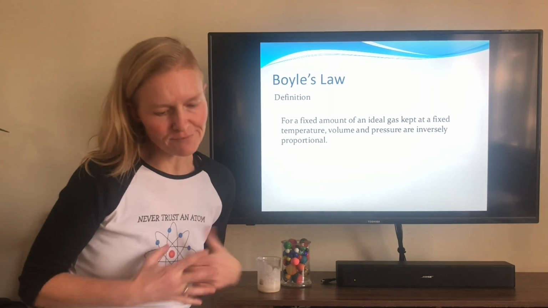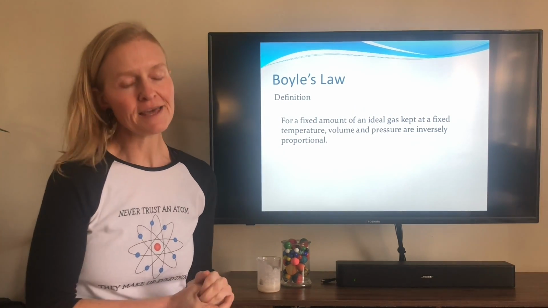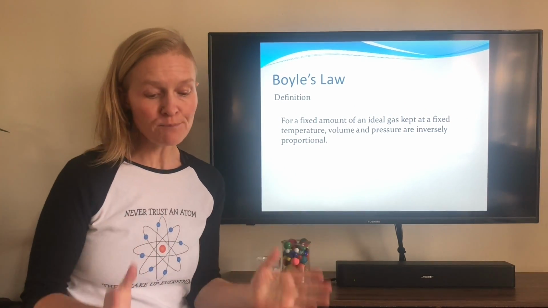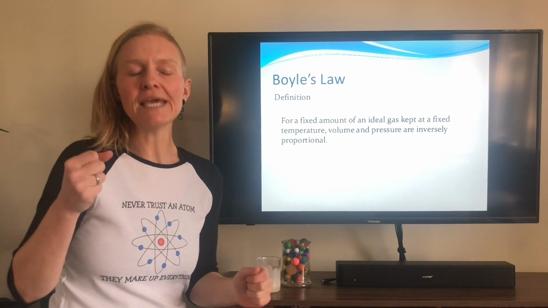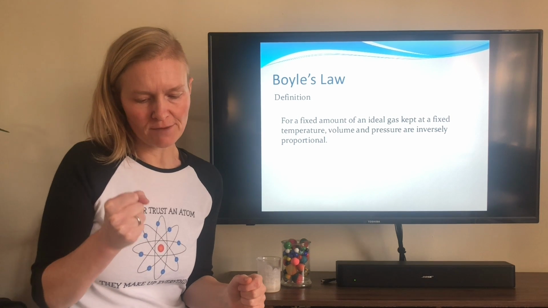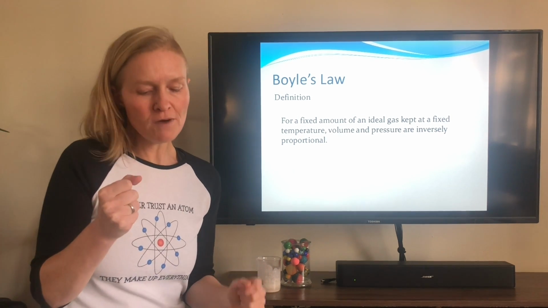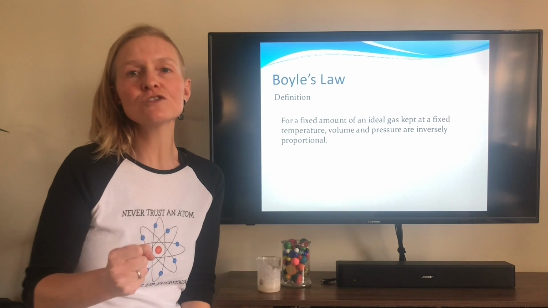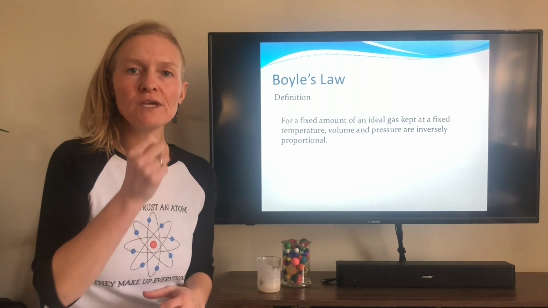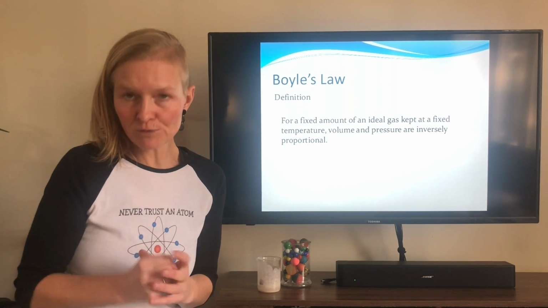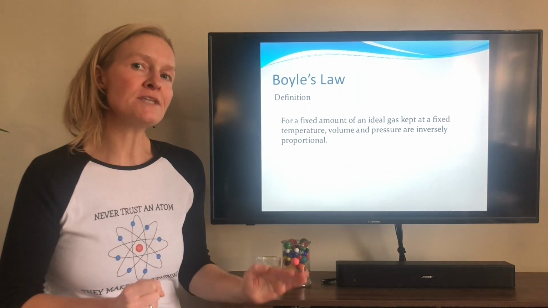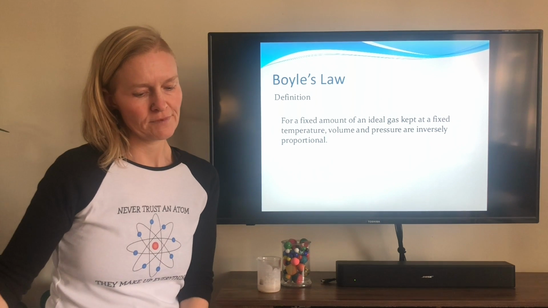So what that means is that under constant temperature, if we increase the pressure on something, then the volume of the gas can be forced to go down. So we can force the volume down by increasing pressure if we keep temperature constant.